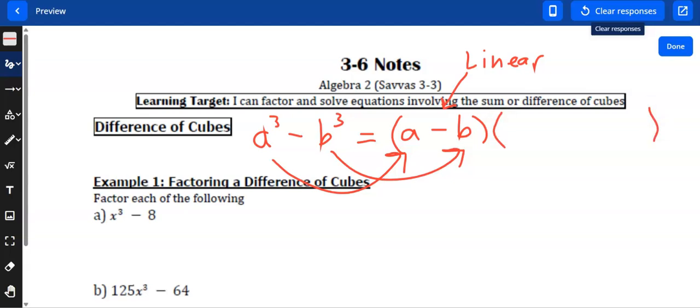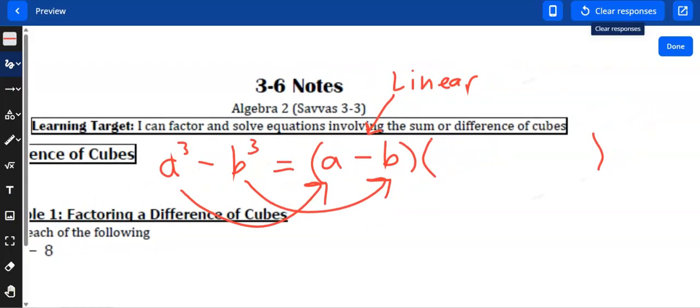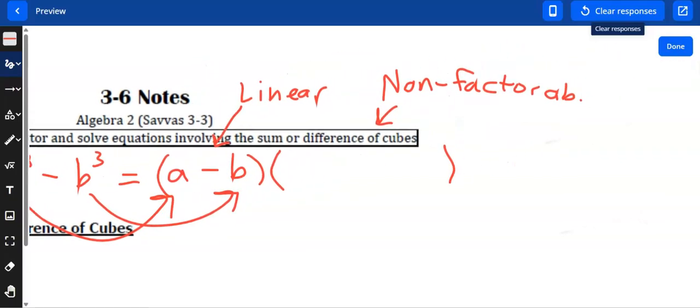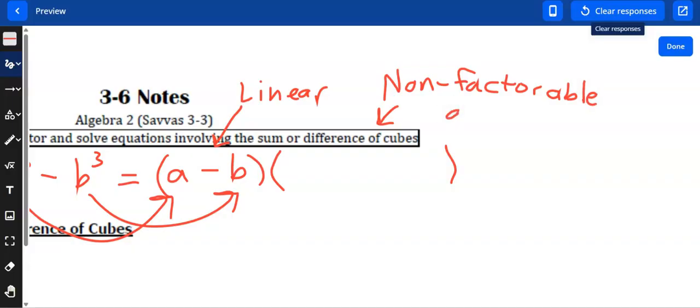But then it's got to be multiplied by something which is a non-factorable quadratic.